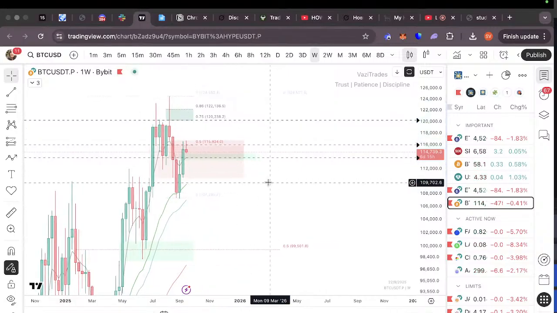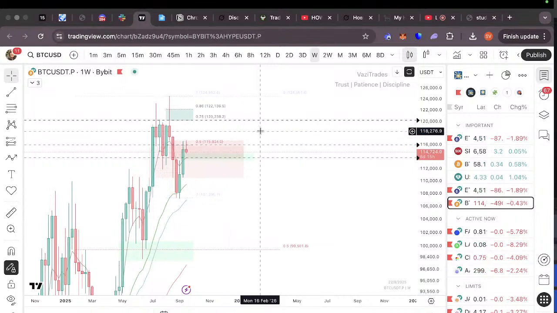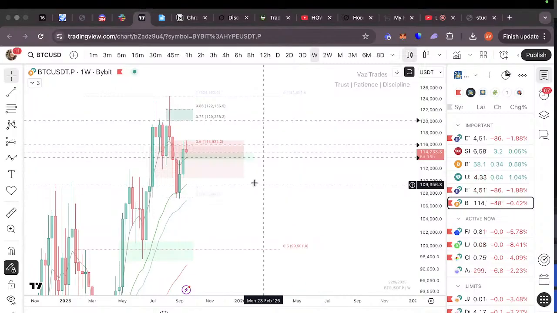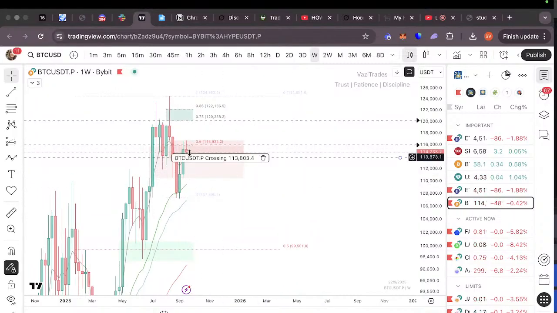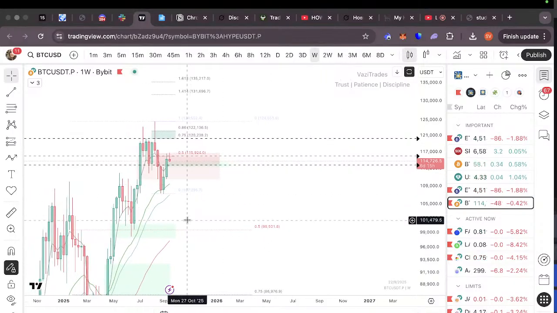So if today, tomorrow, the price will not manage to break above this 0.5 Fibonacci on a weekly time frame or 115,924.